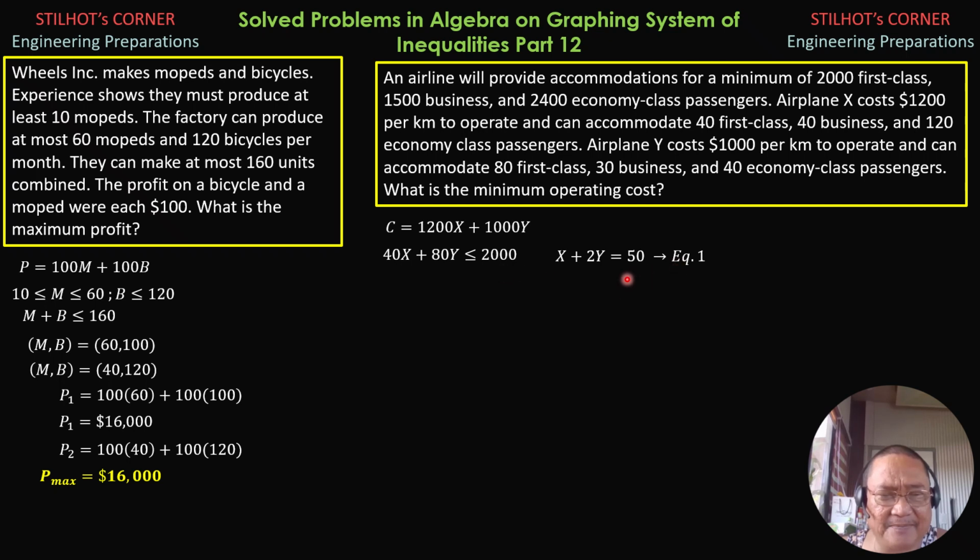Call that equation 1. Then for the next constraint, business class passengers: for plane X it's 40, 40x, and for plane Y, 30. So 40x plus 30y should be less than or equal to 1,500 as stated here. Divide everything by 10. So 4x plus 3y equals 150, transforming that into an equation. Call that equation 2.